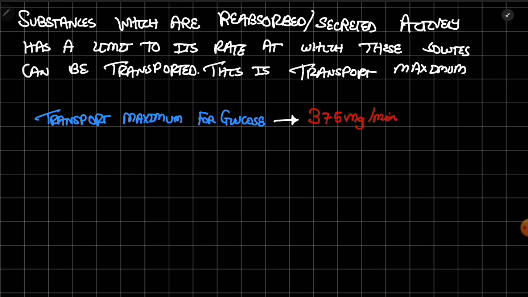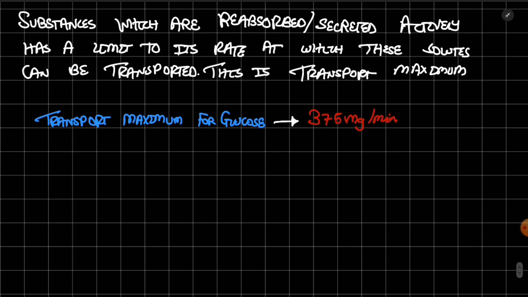Now you will say that glucose appears in urine when it crosses 130 or 140. Sorry for my earlier statement: glucose appears in urine at around 180 to 200 milligram per 100 ml. So why does glucose appear earlier than 375?